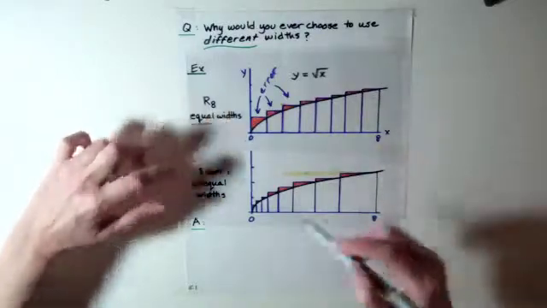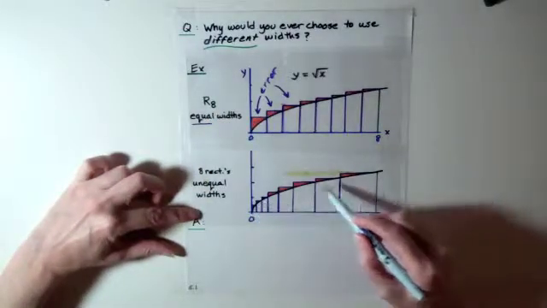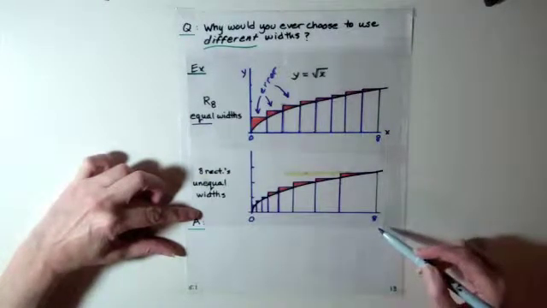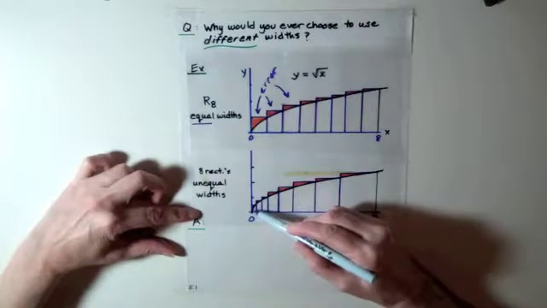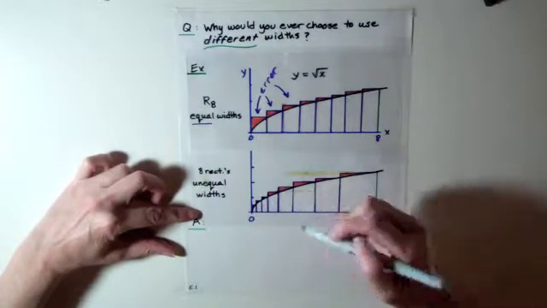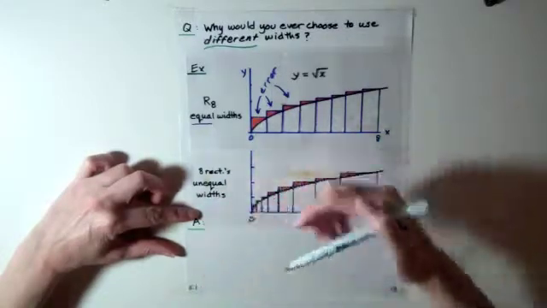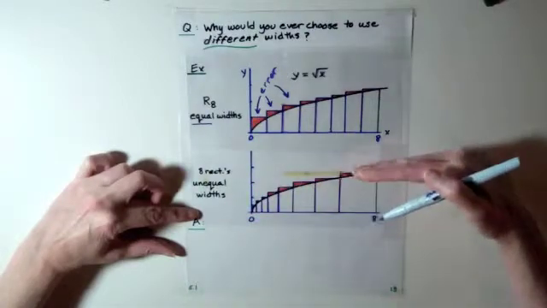Well, it turns out that if you have a function like this, at least for one that is always increasing on the interval you're concerned with, 0 to 8 in this case, the parts of the curve that are rising more quickly, that are steeper, so the slopes of the tangent lines would be steeper at this end of the curve, and here you notice the curve is kind of flattening out.